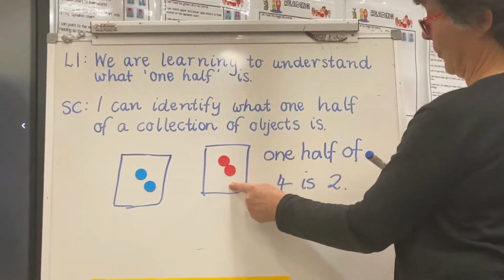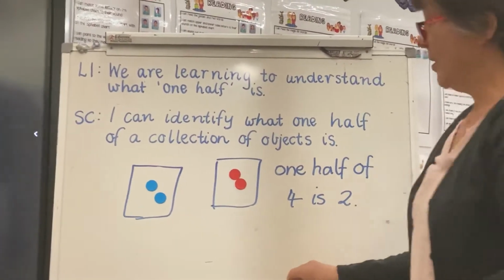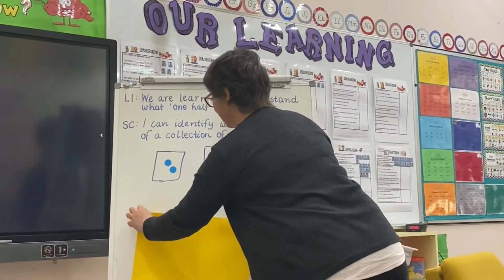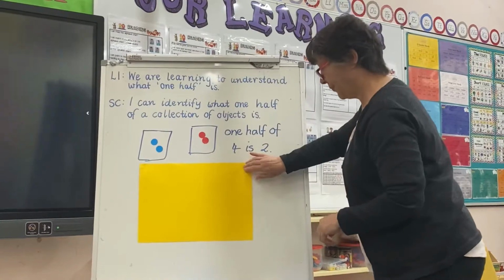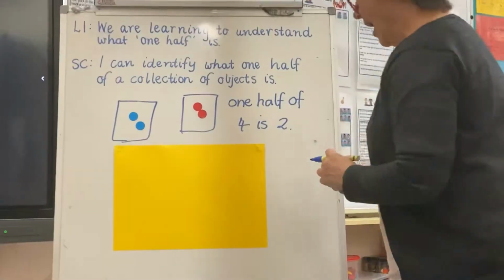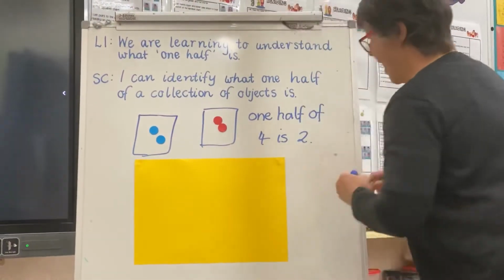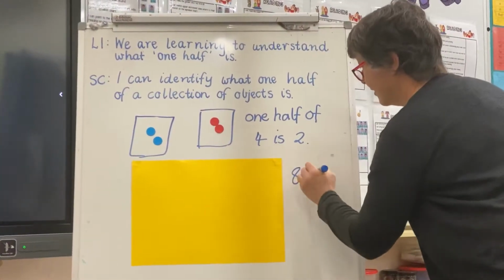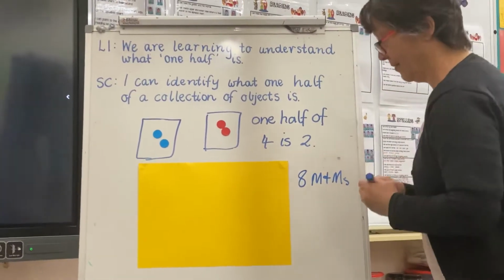So this is 1/2 of the 4, that equals 2, and this is 1/2 of the 4, that equals 2. Okay, so for your independent task, in your maths book, you will need to get yourself a pencil or a pen, and you're going to be sharing 8 M&Ms with a friend, 8 lollies with a friend.